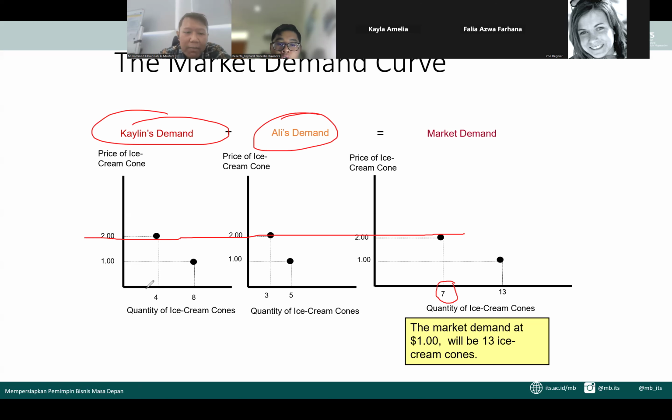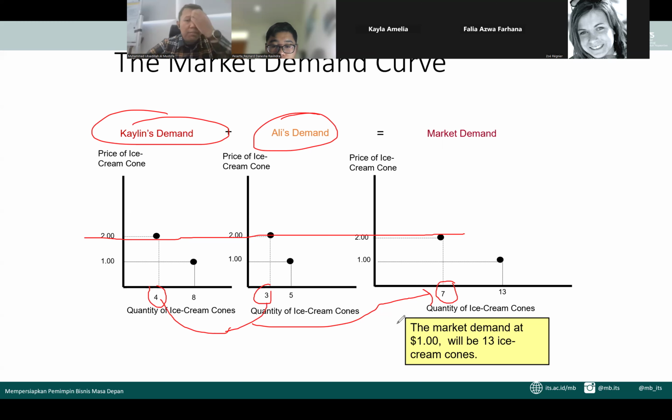Where does this 7 come from? 4 from Kaylin and 3 from Ali. So 4 plus 3 is 7. The market demand is the sum of everyone's demand in the market. Now let's see when the price is $1.